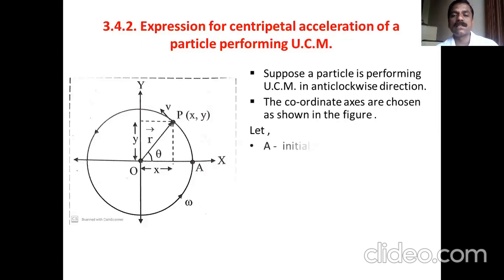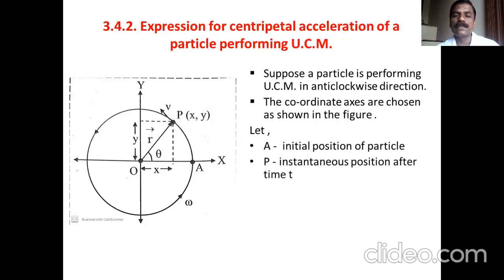Now let us consider certain symbols. Capital A is the initial position of the particle. P is the position of the particle after time t, called the instantaneous position. Theta is the angle made by the radius vector.